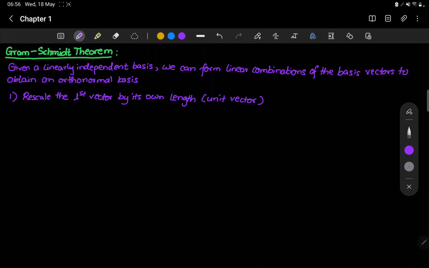In an orthonormal basis, the basis vectors are orthogonal to each other pairwise, and each basis vector has a unit magnitude. So to get unit magnitude, we need to do this rescaling by its own length. So this is the first step: take any one vector from the given basis vectors and rescale it by its own length.